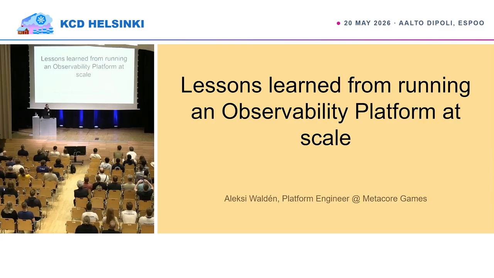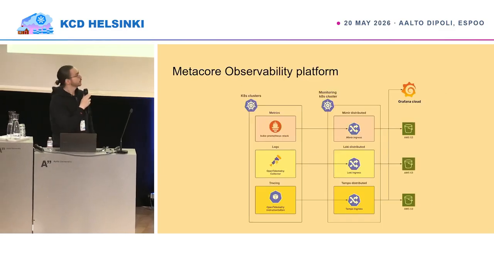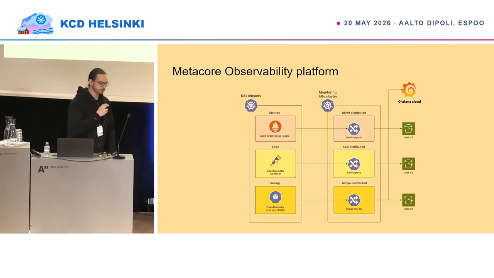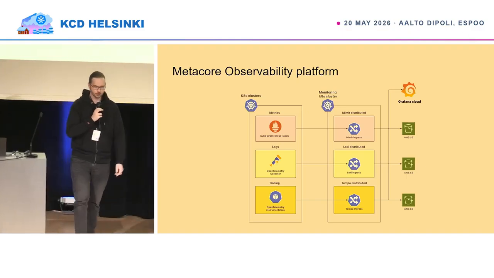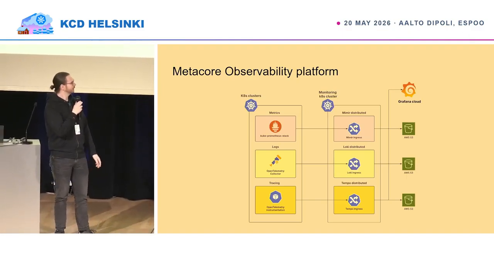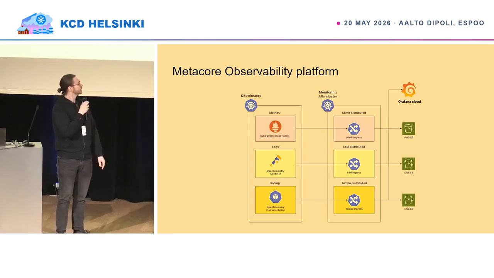All right. Here to talk about the favorite subject of everyone, observability. So we started a new observability platform for Metacore about 2 years ago, and we have 11 clusters that are sending metrics to our Grafana stack.